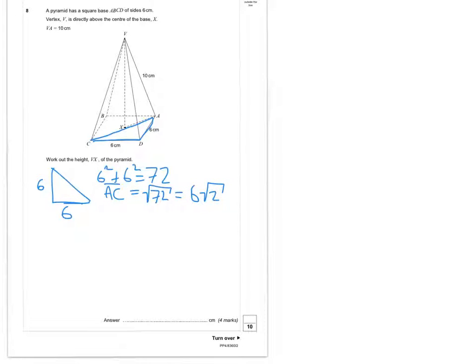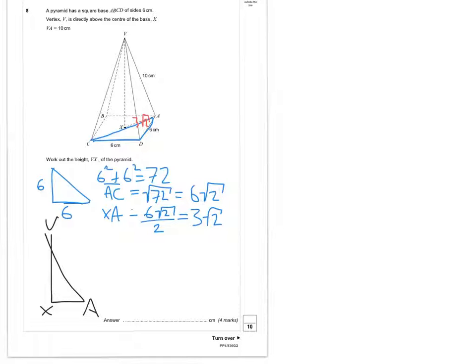Okay, then we've got XA. So XA is equal to 6 root 2 over 2, which is equal to 3 root 2. So I know this length now is 3 root 2. Then we've got this triangle here, VAX. This is 3 root 2. This is 10. And this is what we want to find, our height.